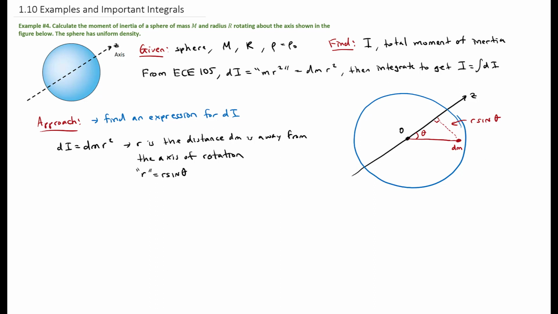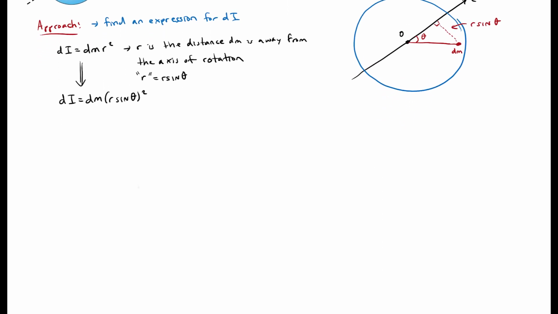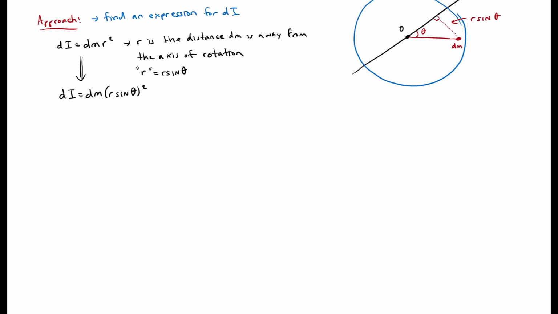Kind of running out of space. So dI equals dm R sine theta squared. So next, let's solve for I using I equals the integral of dI.